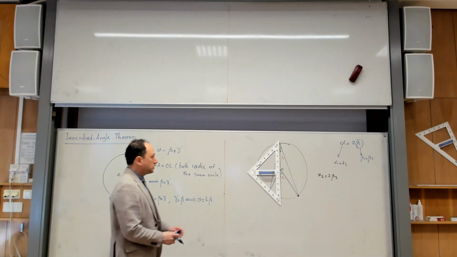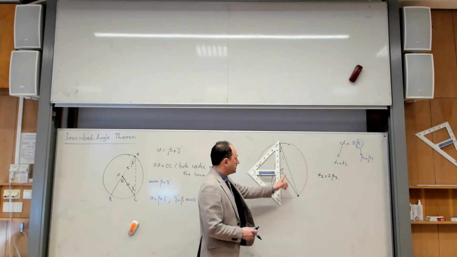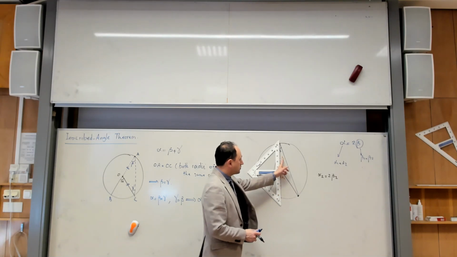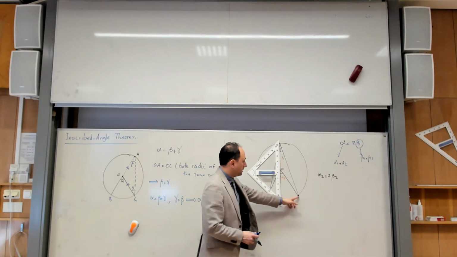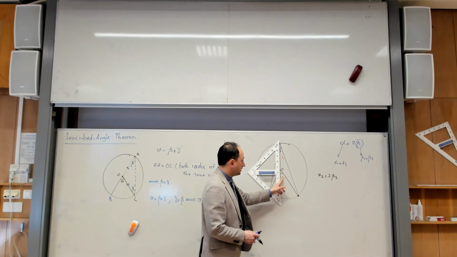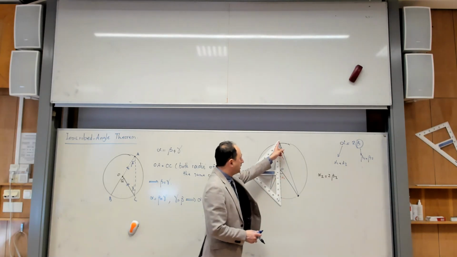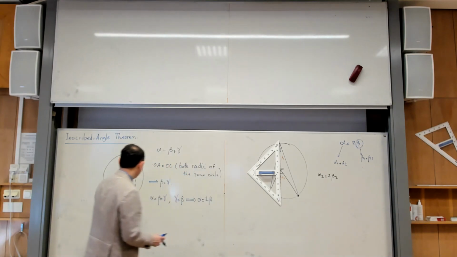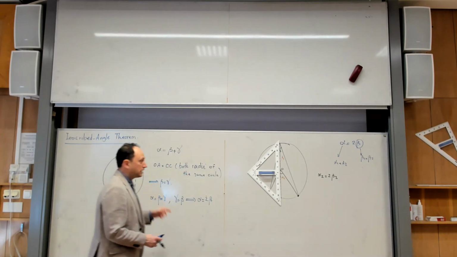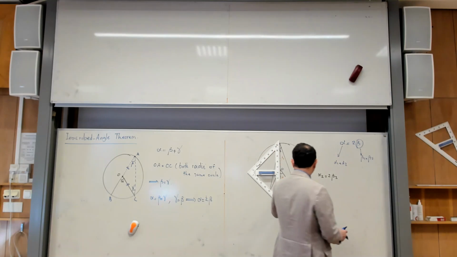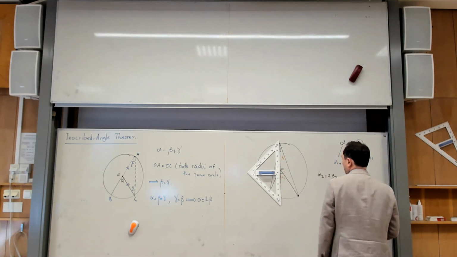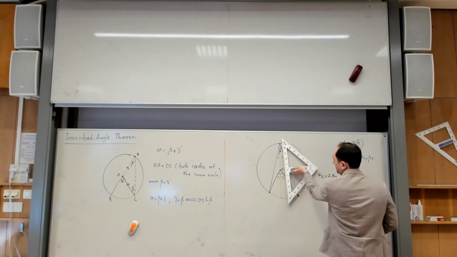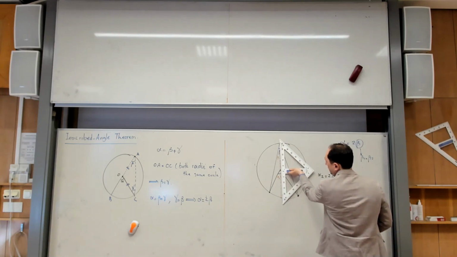Because if I ask you what do you have, you will tell me that I have a central angle, I have an inscribed angle subtending the same arc as the central angle, but one leg is the diameter. Exactly the same thing that I had here. So I can say that alpha 2 is 2 times larger than beta 2. This I know. But then I will take this one and hide this part and concentrate on the other part.